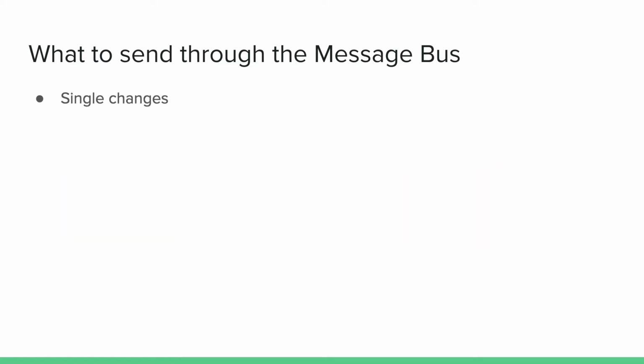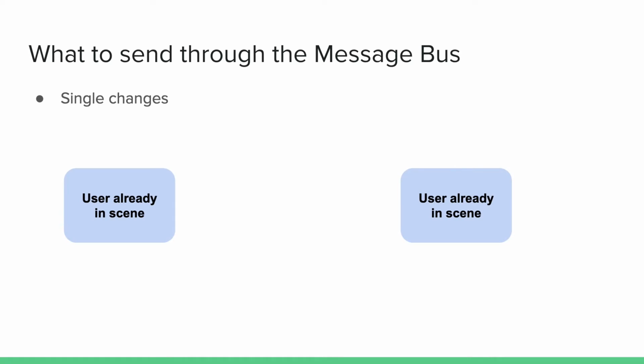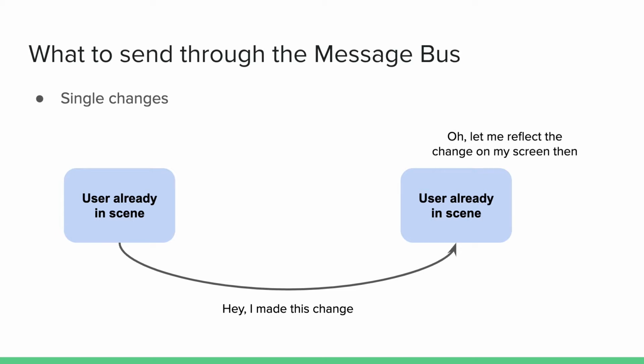And the other case would be: both are already in the scene, both are already in sync. If the first user makes a change, it will notify the second one, and the second one will get that change and update it on their screen. And that's mostly it. With these few concepts, we can build this experience. So let's go ahead and see if we can build it.